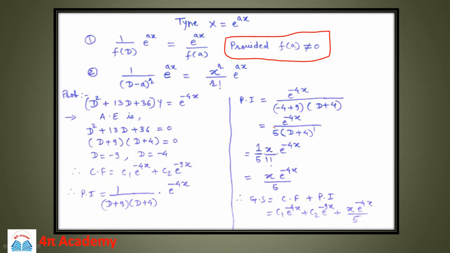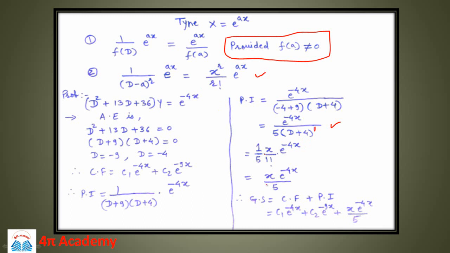So the particular integral will be equal to e raised to power minus 4x divided by 5 into, now this is 1 upon (D plus 4) raised to power 1. Now it is of the form 1 upon (D minus a) raised to power r into e raised to power ax. So now I can apply this rule over here. I keep this 1 upon 5 constant as it is into, now this is D minus a, so here my a is minus 4, so it will be of this form.